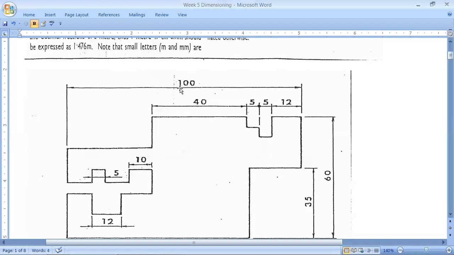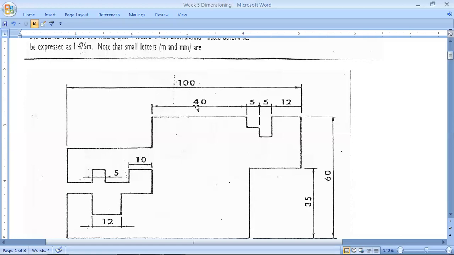Another important thing, look at the little space between the text value and the dimension line. Make sure that the text number never touches the dimension line. That's number 3. Number 4, the size that you use for the text value, say you use a 7 millimeter height, right?